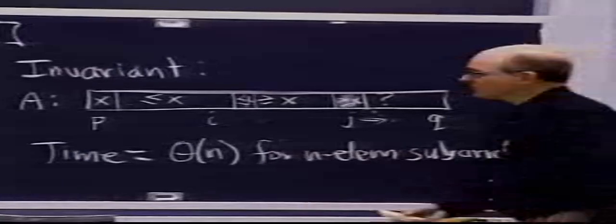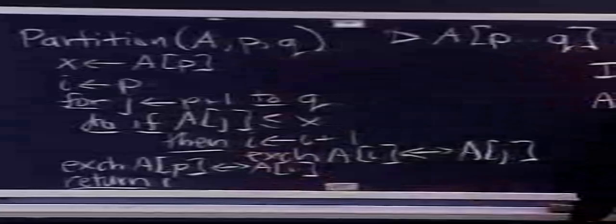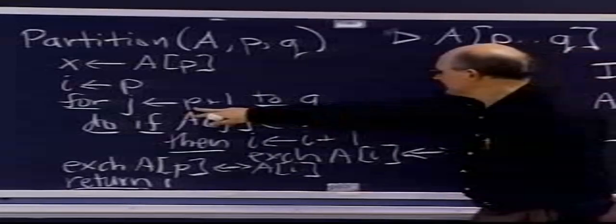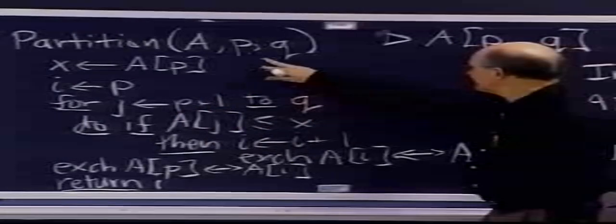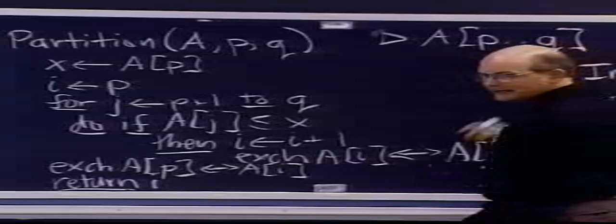Okay? Because all it is is a for loop, and what's going on inside is constant time, and it's constant time outside. So it's actually taking q minus p steps, and if that's the number of elements, that's proportional to n.